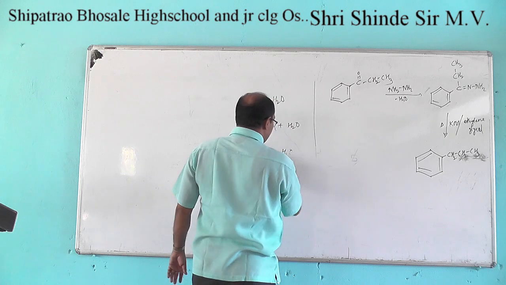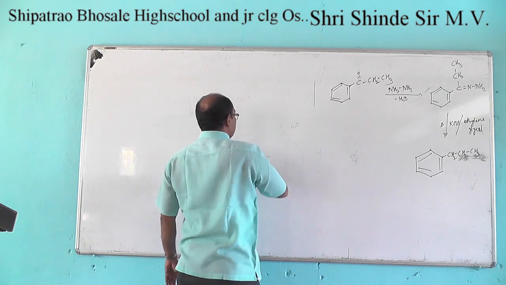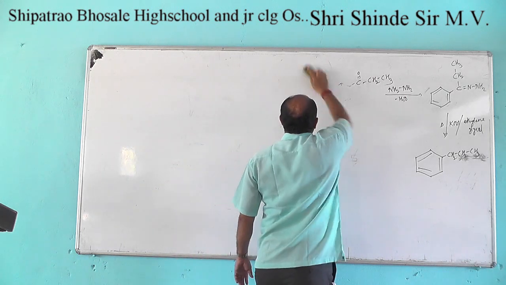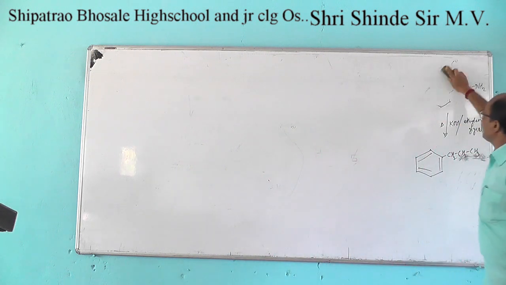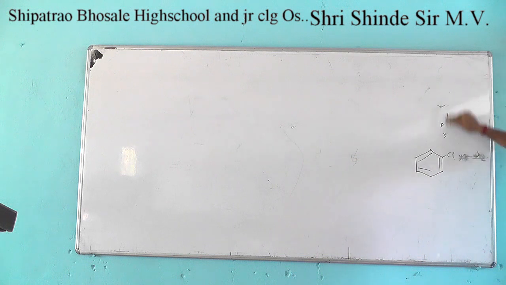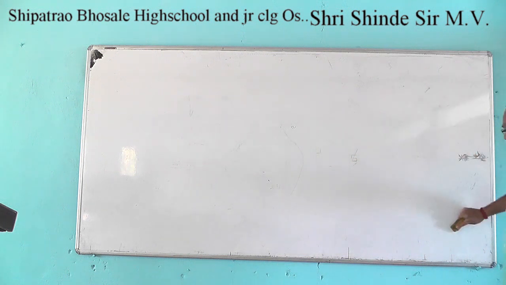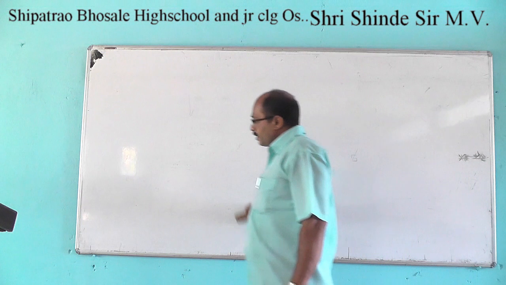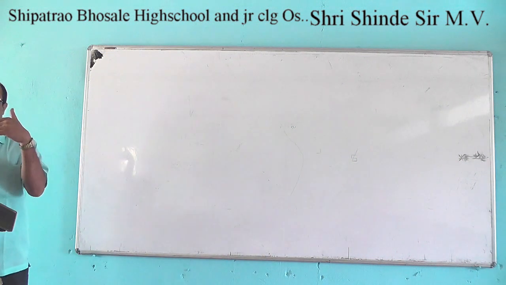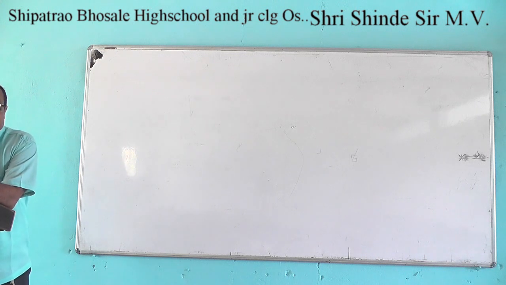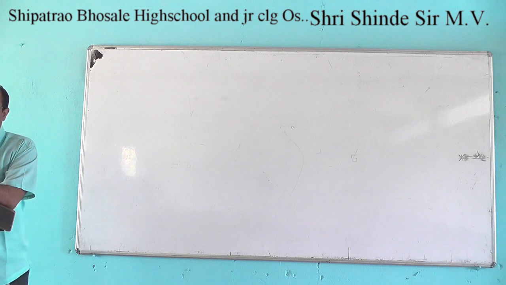It withdraws the electron density from the aromatic ring to have the formation of a corresponding electron deficiency, mainly at ortho and para positions, which states that we are having the formation of more electron density at meta position.